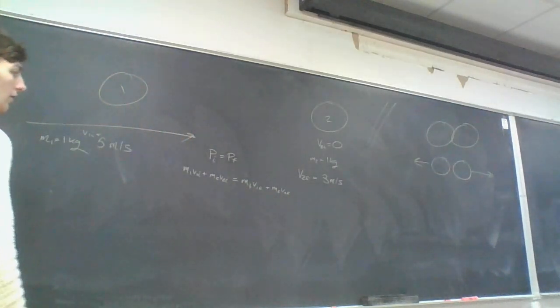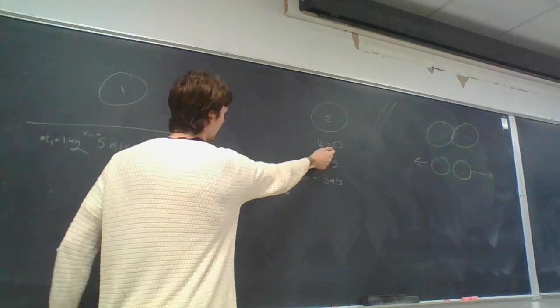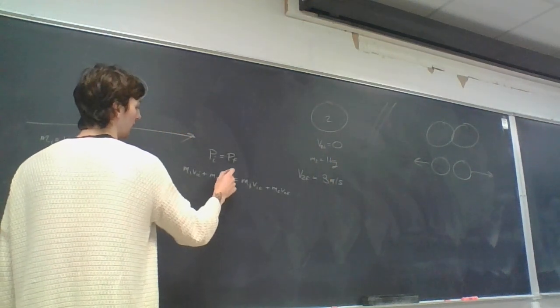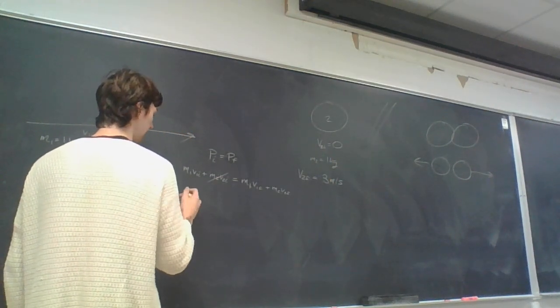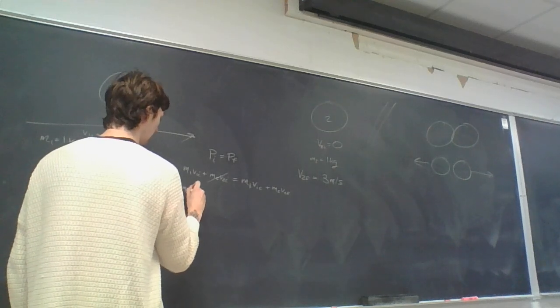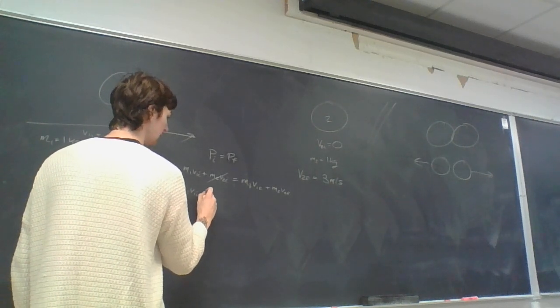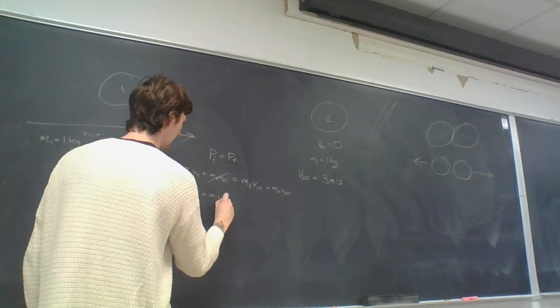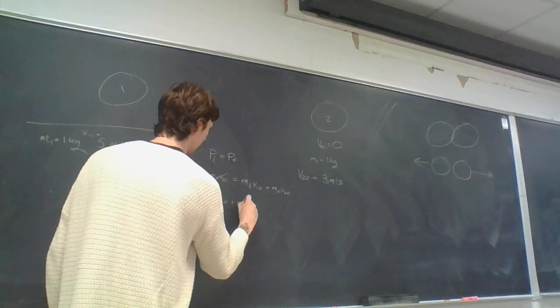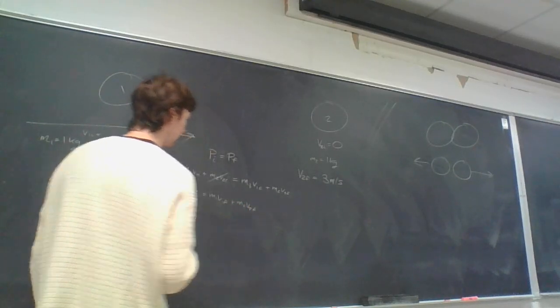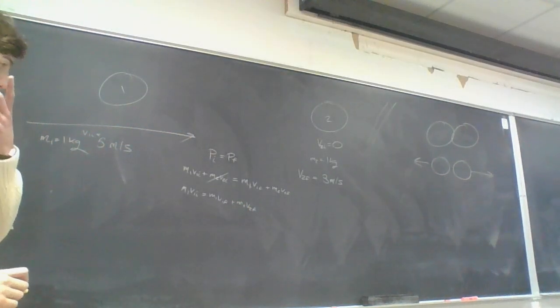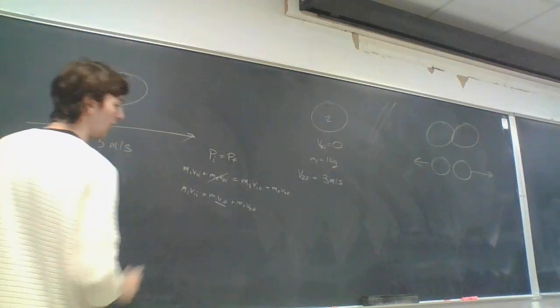And so right off the bat, since the initial velocity of our second mass was 0, that term will go away. And so now we'll have M1 V1 initial equals M1 V1 final plus M2 V2 final. And so what we're looking for is that right there.